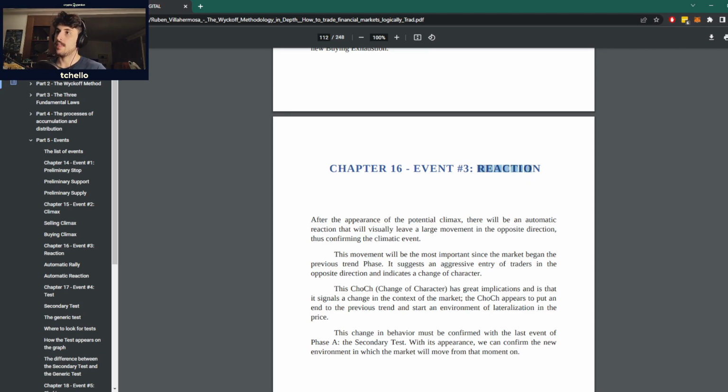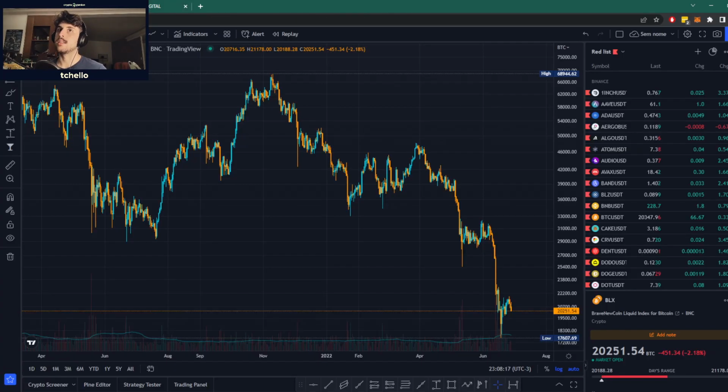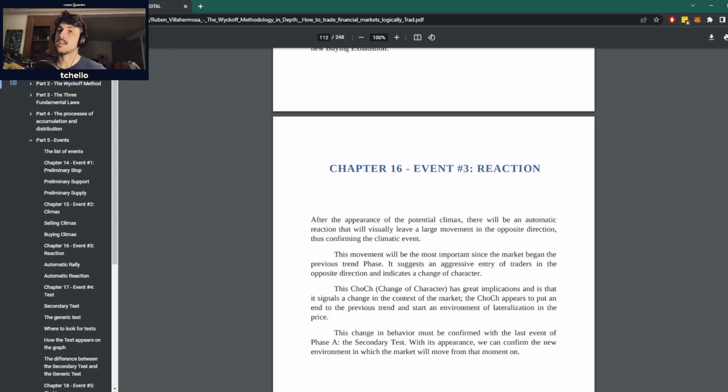The reaction is a very important event because it delimitates the actual happening of an accumulation or distribution. After you have a reaction and a secondary test, you can affirm with more certainty whether we are in an accumulation or distribution, and then you can fine-tune your thinking process through time.